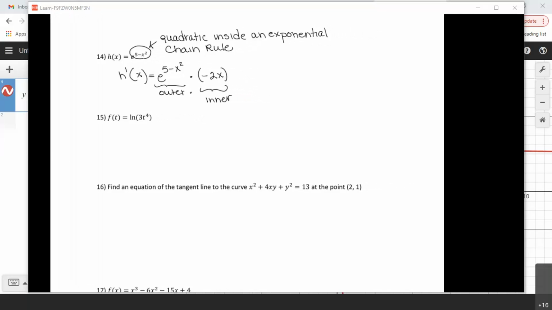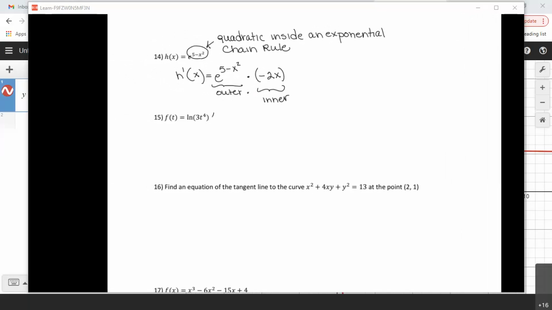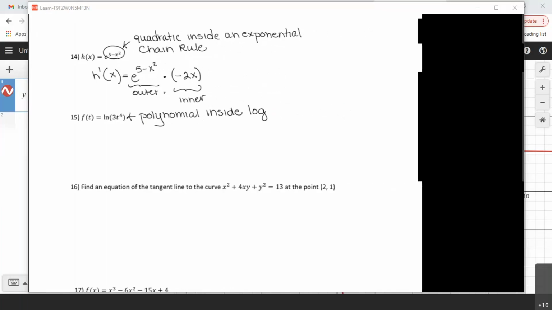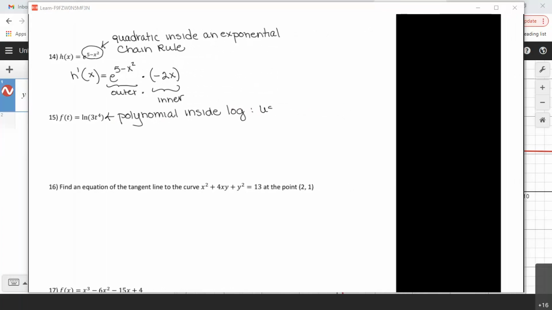Next, we have a log composition. This is a fourth degree polynomial inside log. Use the chain rule.